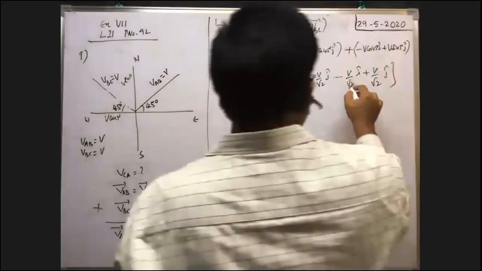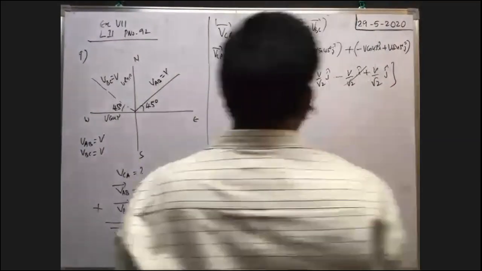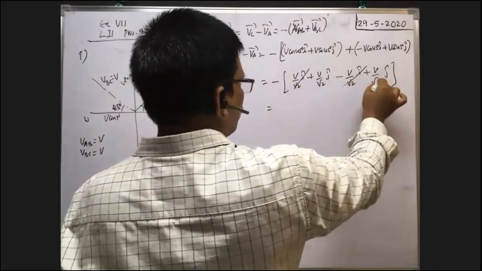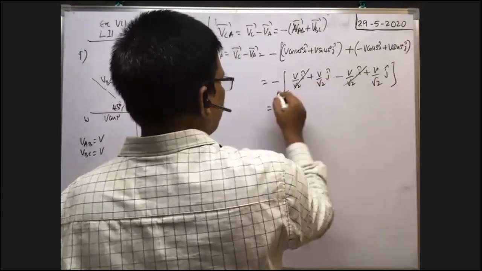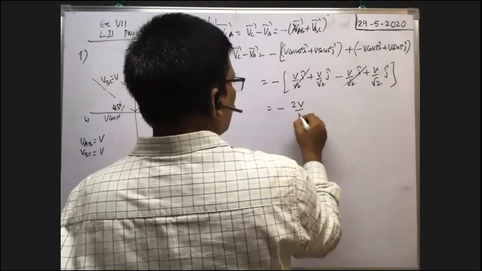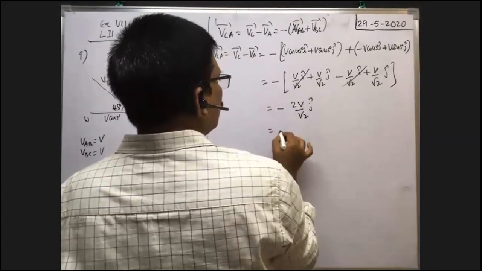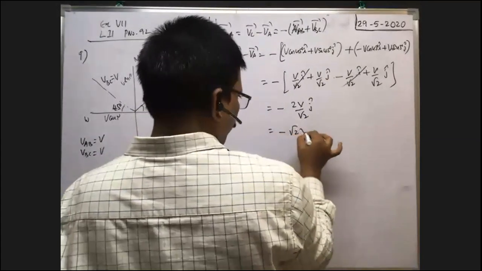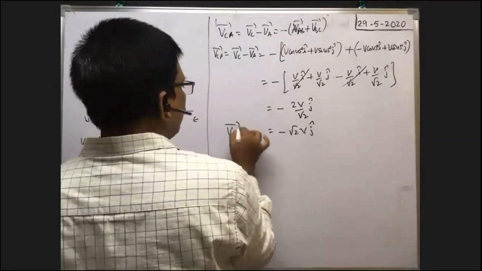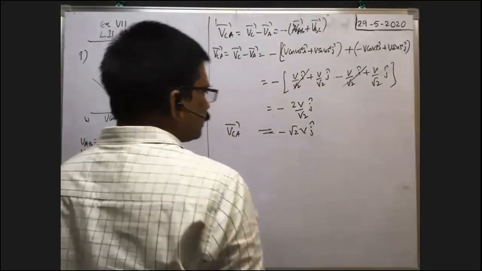Here the V by root 2 I cap terms cancel. Then V by root 2 J cap plus V by root 2 J cap means 2V by root 2 J cap. So with the minus sign, minus root 2 V J cap. So velocity of C with respect to A is equal to minus root 2 V J cap.